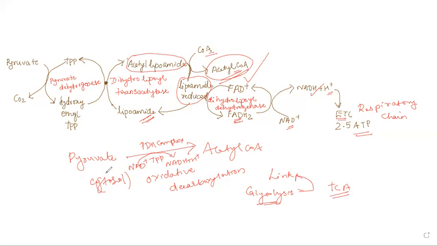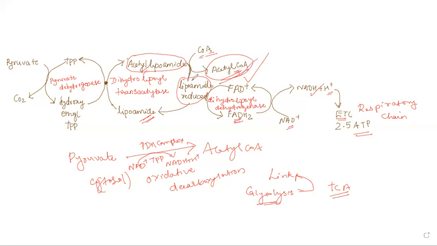And the sequence of steps involved in pyruvate to acetyl CoA are these. Pyruvate is first decarboxylated, removal of carbon dioxide from pyruvate by the pyruvate dehydrogenase. So TPP is converted to hydroxyethyl TPP. Then dihydrolipoyl transacetylase converts this to acetyl lipoamide. This acetyl lipoamide gives out the acetyl group to coenzyme A to form acetyl CoA.